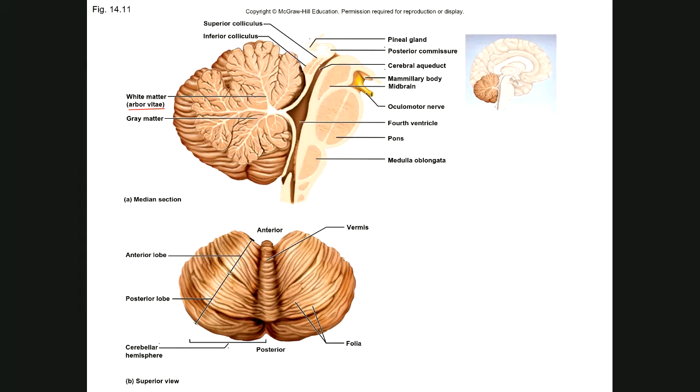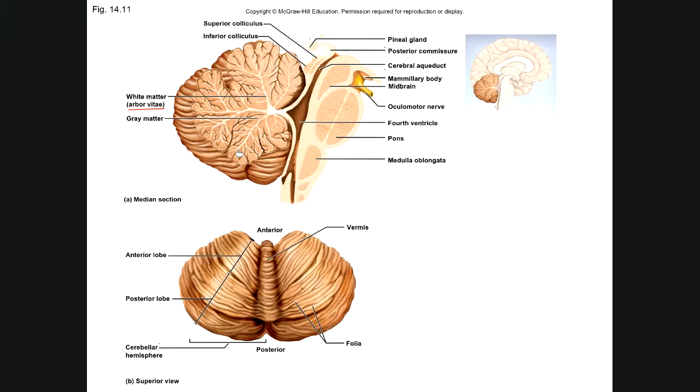The tree of life, and the cerebellum in general, is associated with motor coordination and balance. So when a person has damage or injury to the cerebellum, they often might have an incapacity to maintain balance or problems with motor coordination.